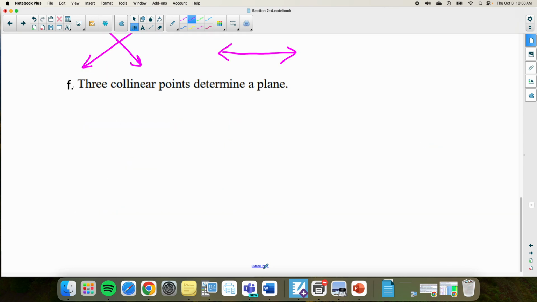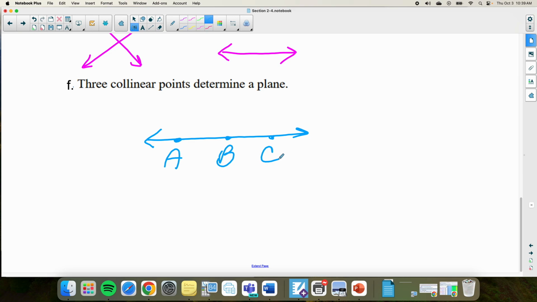All right, 3 collinear points determine a plane. Okay, so this is saying if you have 3 points that are on the same line, that is going to determine a plane. What did the postulates say? If you have 3 what? Non-collinear points.